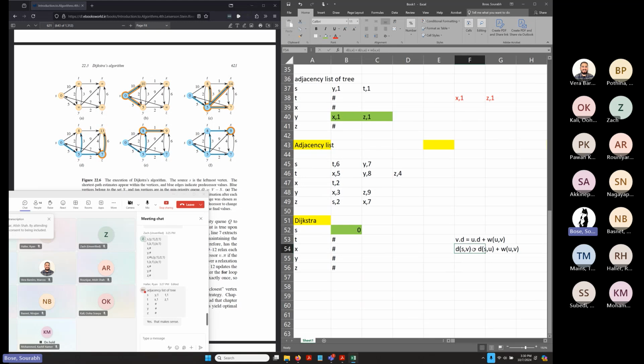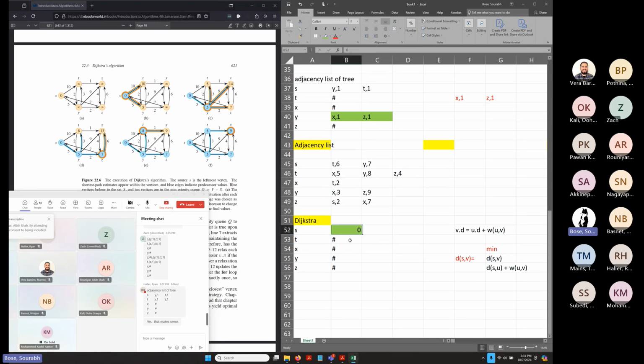So in essence, the distance of s comma v is the minimum of s comma v versus s comma u plus weight of u comma v.